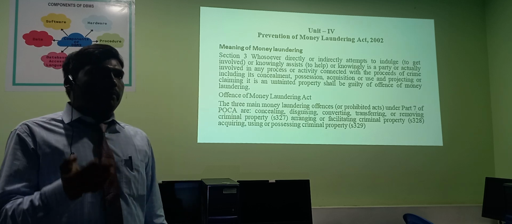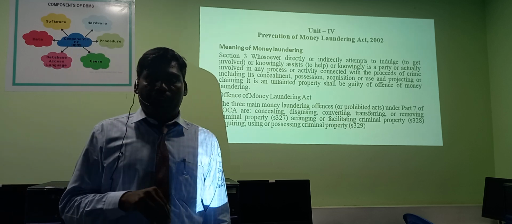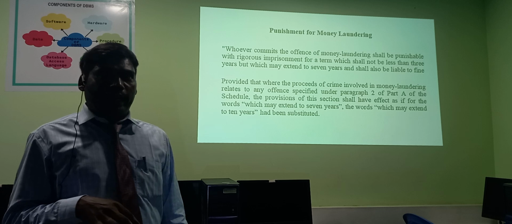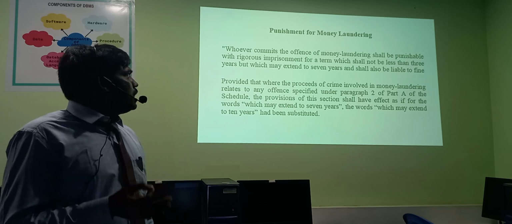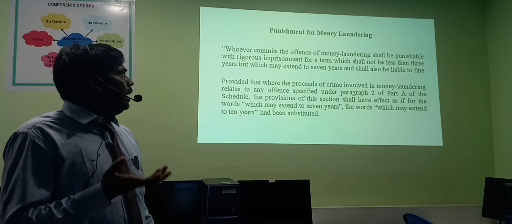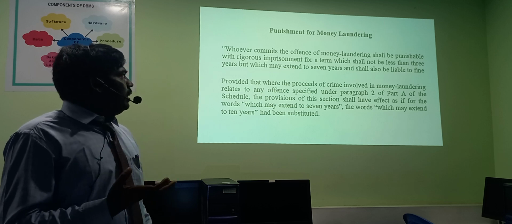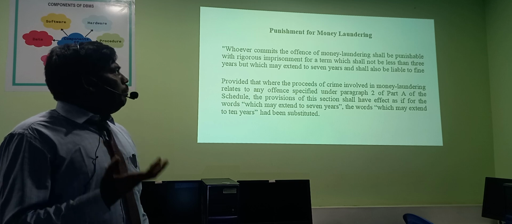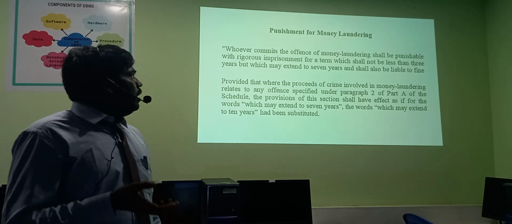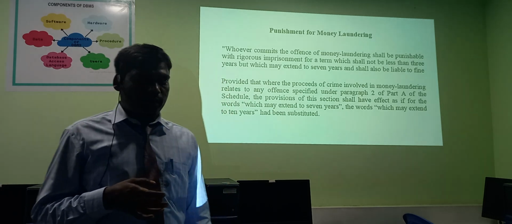Next, punishment for money laundering: whoever commits the offence of money laundering shall be punishable with imprisonment for a term which shall not be less than three years but which may extend to seven years, and shall also be liable to a fine.